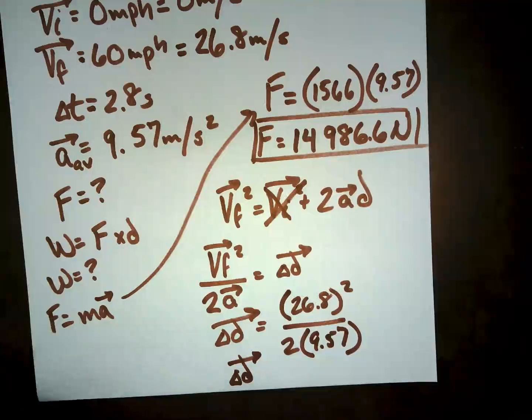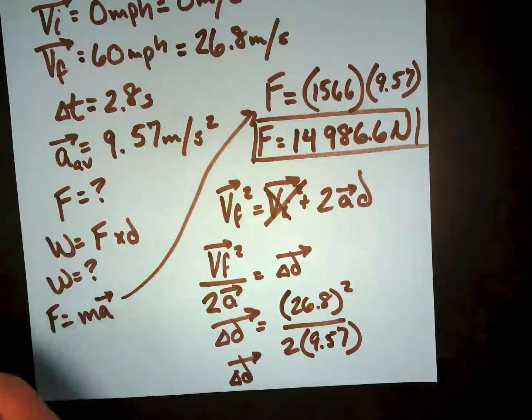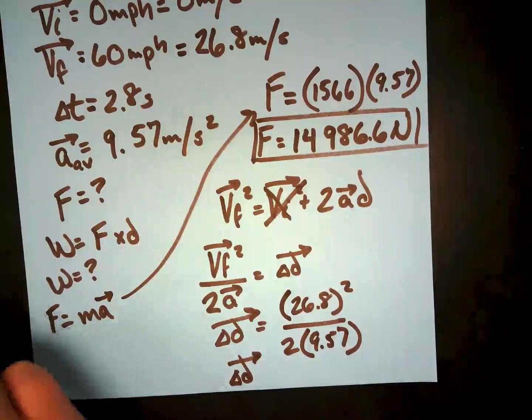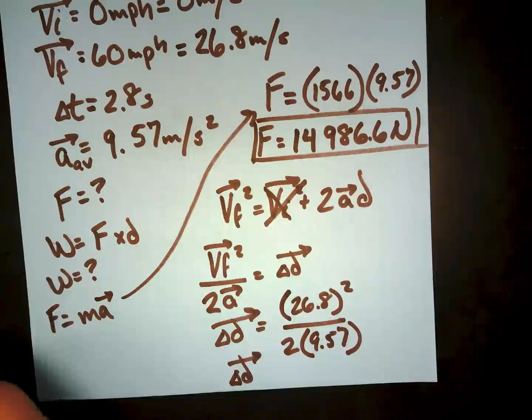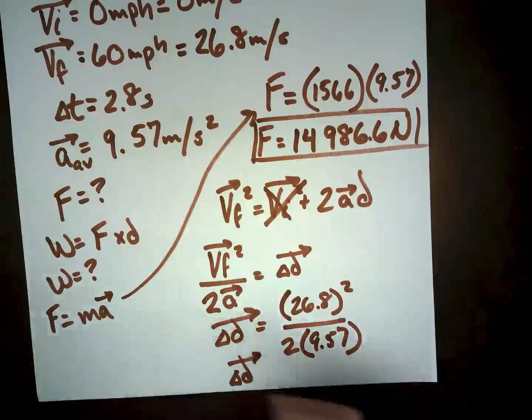When it starts at rest and reaches its final velocity of 26.8 meters per second or 60 miles per hour, it has gone 26.8 squared divided by 2 times 9.57.